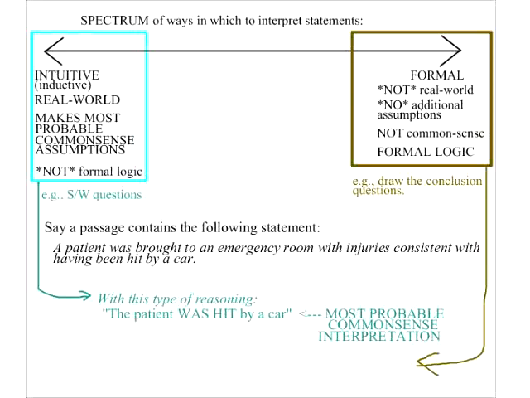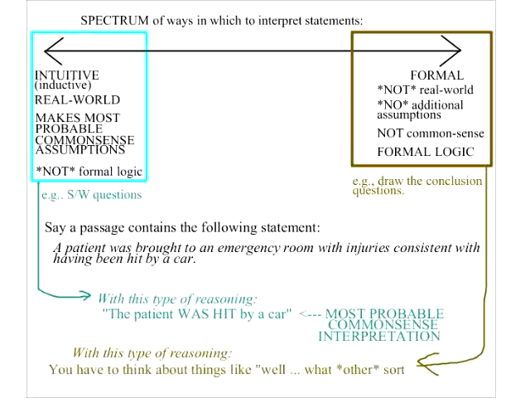If you see this in a conclusion type question with this type of reasoning, then you would have to think about things like, well, what other sort of thing may have produced such injuries?